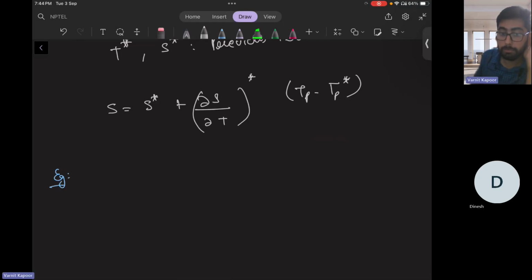Suppose we take an example. We have a source term such as S equal to 4 minus 5T cube.